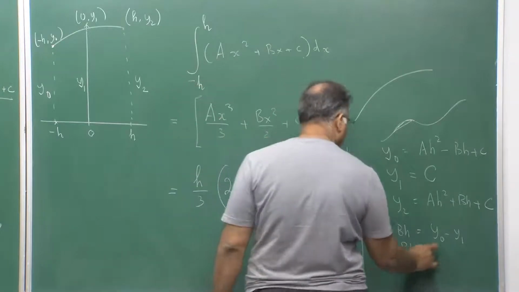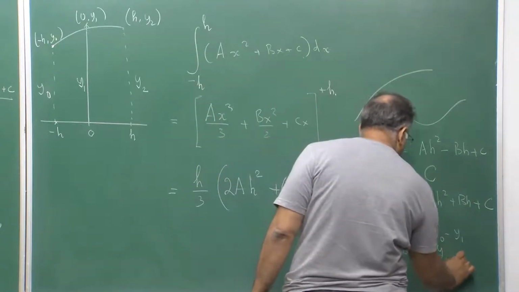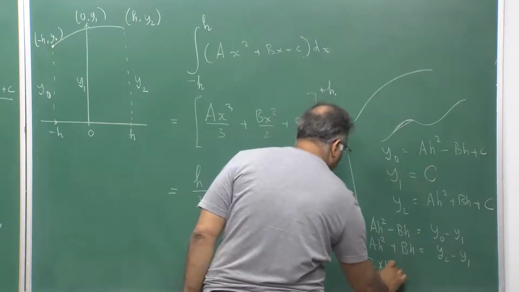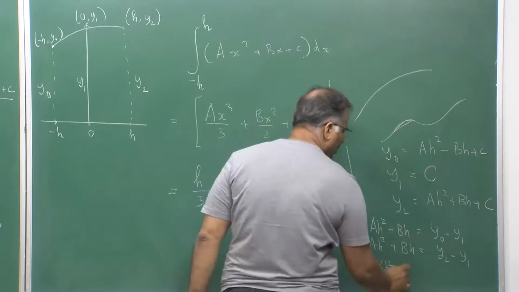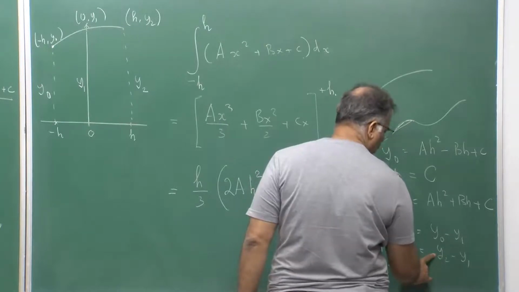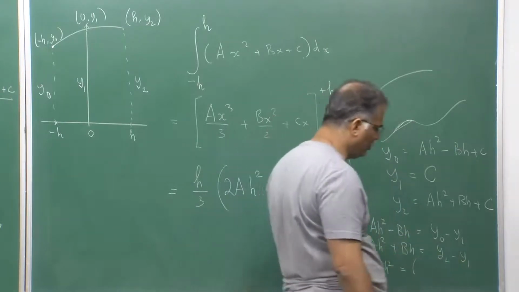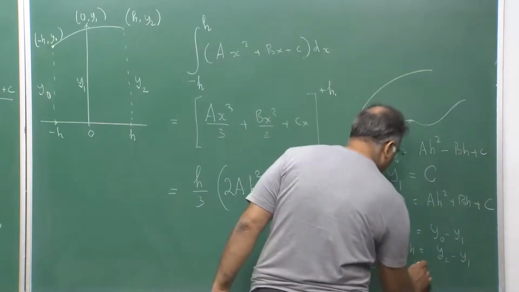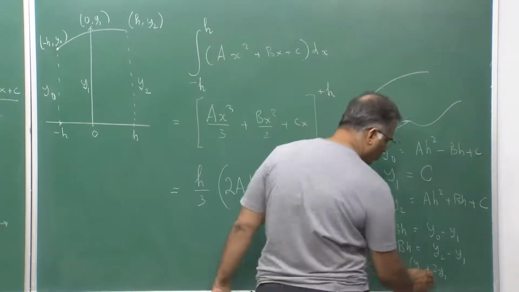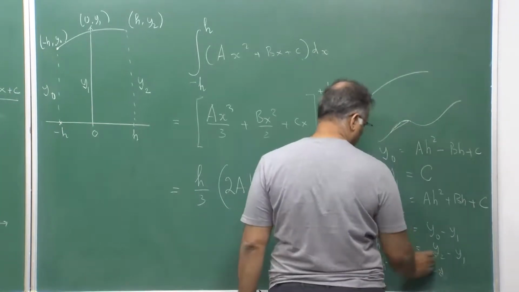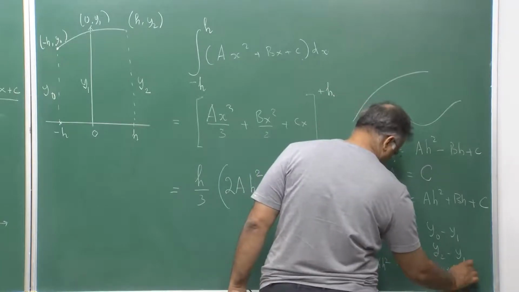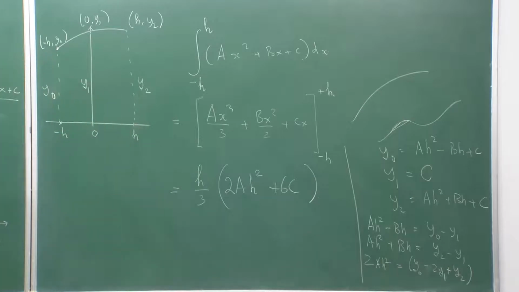If I add these two, bh gets cancelled and I get 2 a h square is equal to y0 minus y1 plus y2 minus y1, so it is y0 minus 2 y1 plus y2.